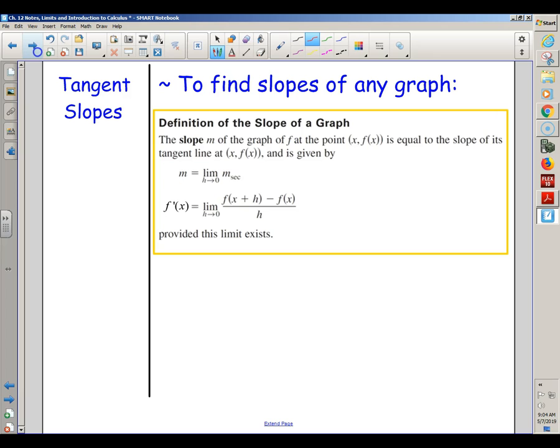We can use the following yellow box. The slope m of any graph f at a point x and f of x.